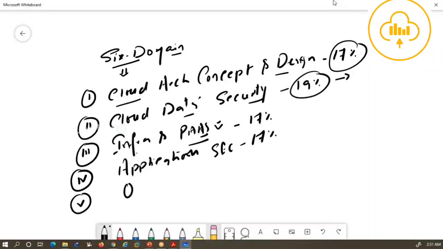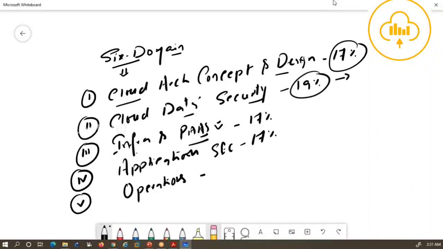The fifth domain is on operations, I must say cloud security operations. Within operations, we will discuss the internal and external operations, where the cloud consumer and provider are both responsible for maintaining the steps within the cloud, which requires both logical and physical operations activity.